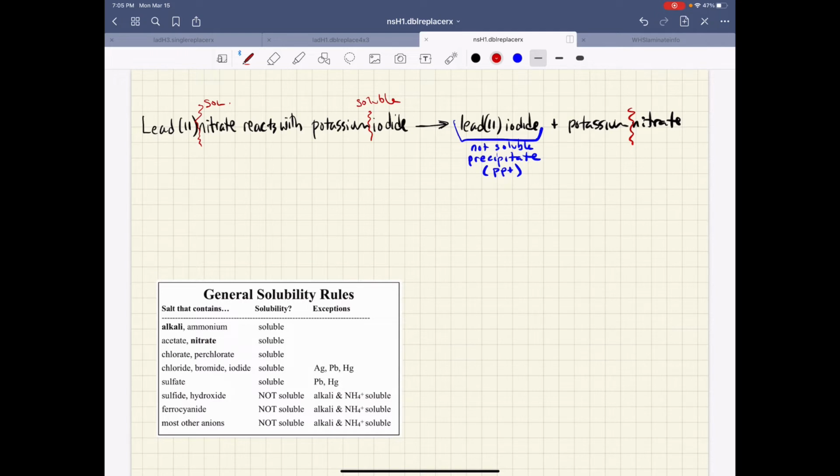So now we're ready to write the skeleton equation, which is step 4.